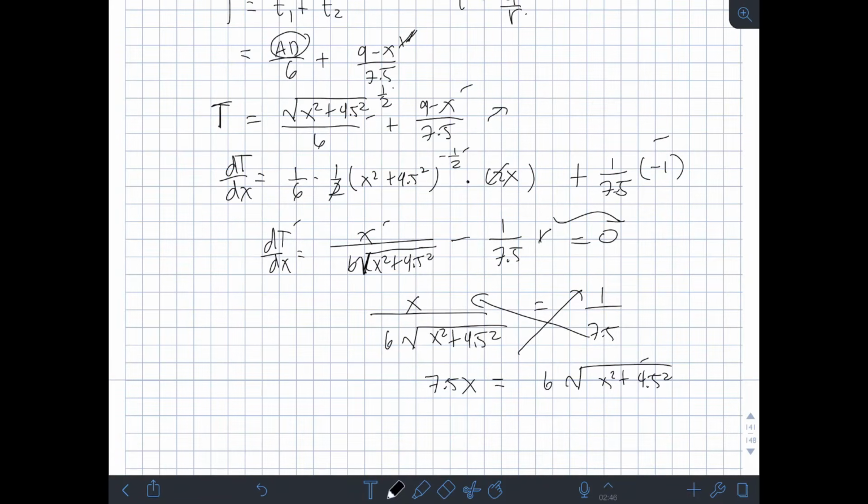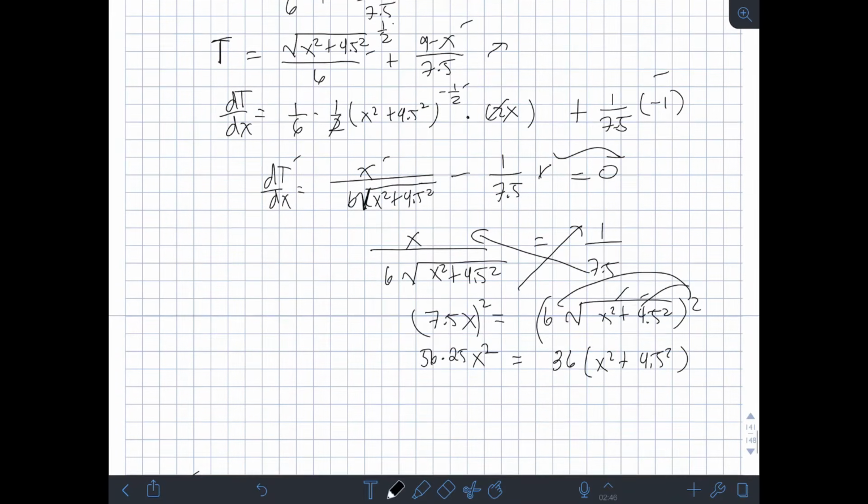So, para mawala yung radical, square natin both sides. So, 7.5 square is what? 56.25. Then, yung x, square equal, so distribute dito si 2, yung exponent na 2, so 36 times, cancel lang yung radical, x square plus 4.5 square.